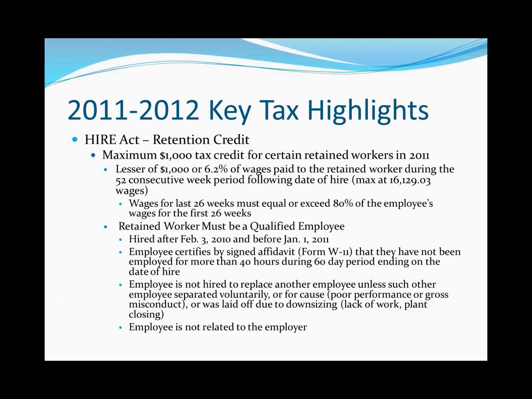So if the worker made at least $16,000, then you're going to get the $1,000 credit. And the worker had to be retained for 52 weeks, and the wages for the last 26 weeks must equal or exceed 80% of the employee's wages for the first 26 weeks. And then it's the same qualifications. Had to be hired during that period, had to not be working for a 60-day period prior to the hire, and the employee not hired to replace another employee, and can't be related to the employer.